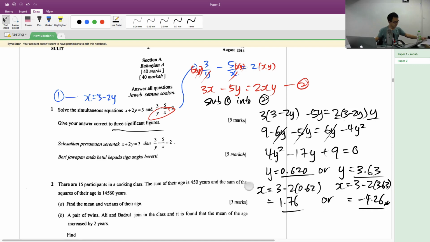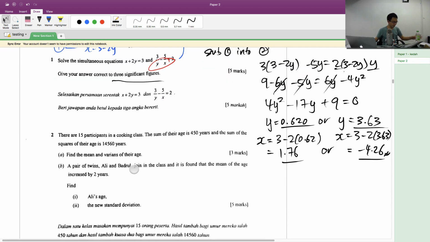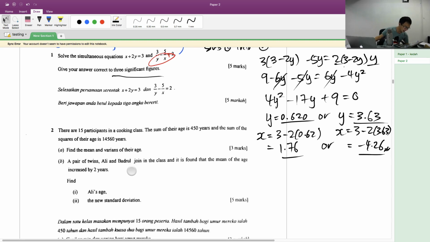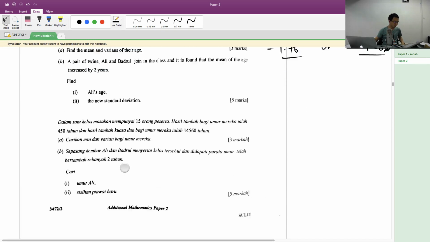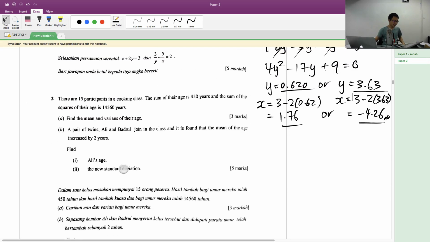For question number 2, there are 15 participants in the cooking class. The sum of their ages is 450 years, and the sum of the squares of their ages is 14560 years. Find the mean and variance.